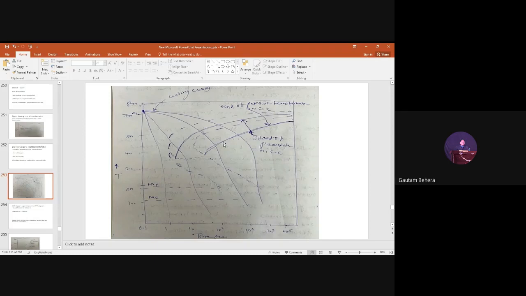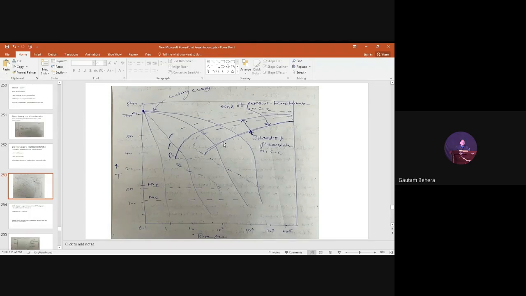The salt bath temperature will not change. Suppose the salt bath temperature is 500 degrees centigrade. You can take 100 hours, 200 hours, the salt bath temperature will be 500 degrees centigrade. It will not be affected by the sample temperature. It will maintain a constant temperature throughout the process, right?